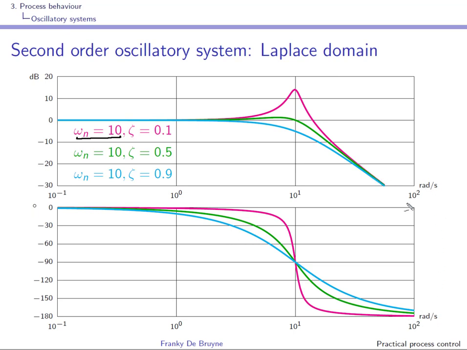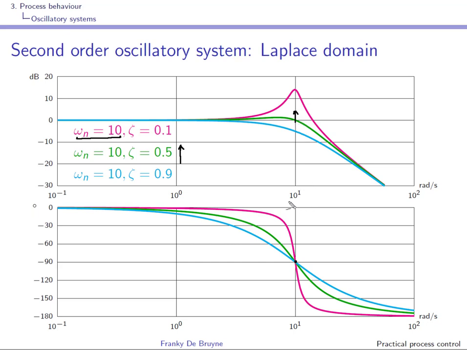And well, the gain is decreasing here with a slope of minus 40 dBs per decade. At the natural frequency, so at 10 radians per second, you can see that the phase shift is indeed minus 90 degrees, and this holds for every zeta. But you can see that for a decreasing zeta here, well, you have a higher and higher amplification at this natural frequency.